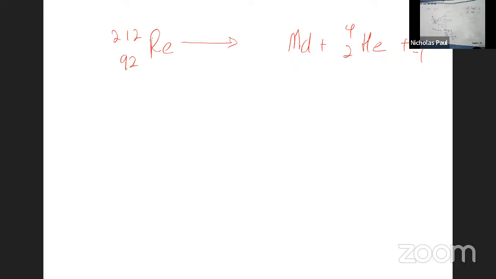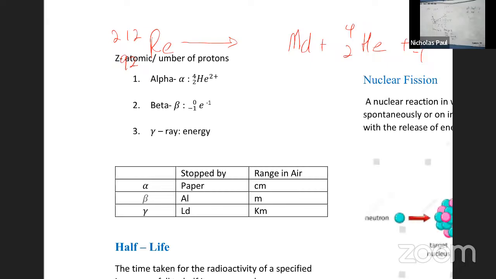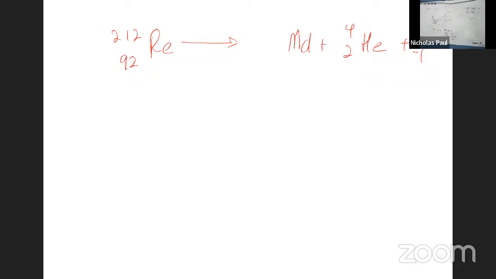Let's say you have that reaction there. You have Re undergoing an alpha decay, so it will lose a helium particle, and Re undergoing a beta decay, so it will also lose an electron.